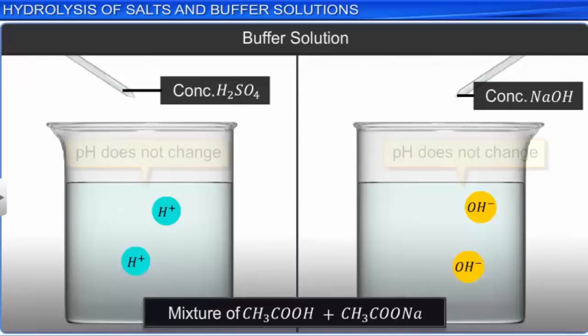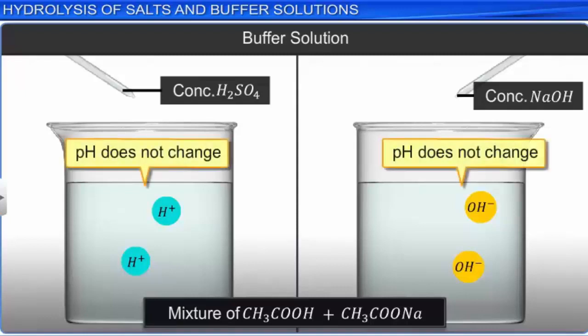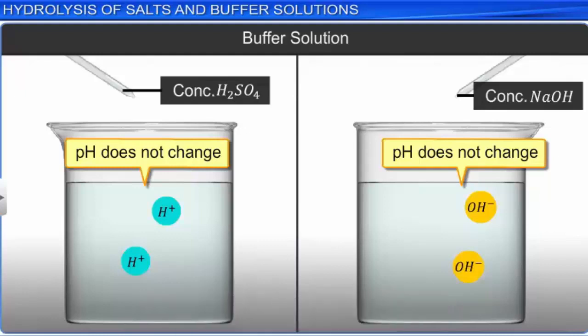So, there are some solutions to which a small amount of a strong acid or a strong base can be added without appreciably changing their pH value. Such solutions are called buffer solutions. Thus, a buffer solution is a solution that resists any change in its pH on dilution or on the addition of a small amount of a strong acid or a strong alkali.